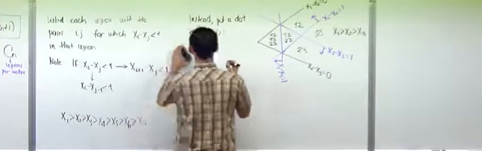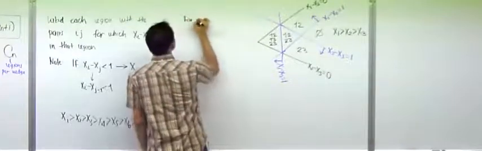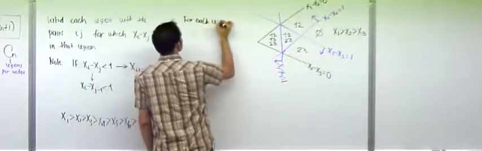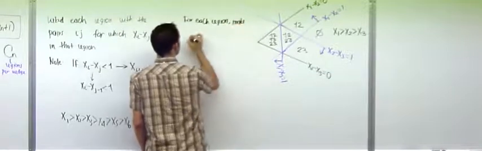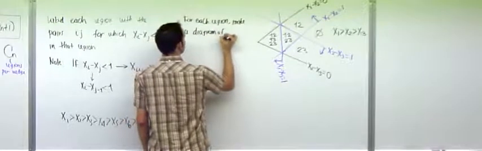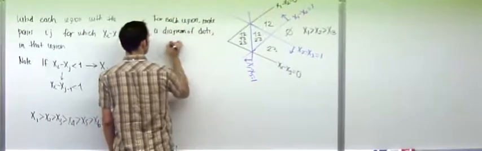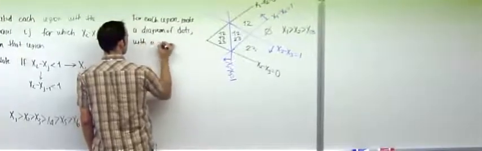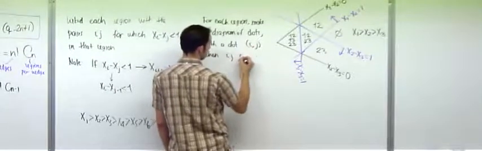So for each region, I'm going to make a diagram of dots with a dot at ij whenever ij is in the region.